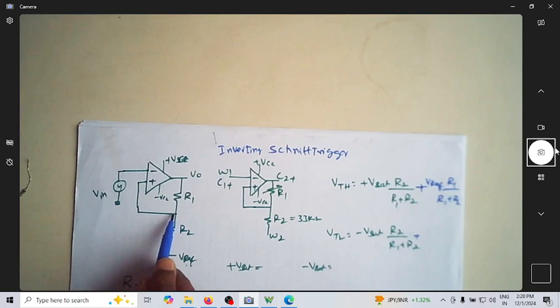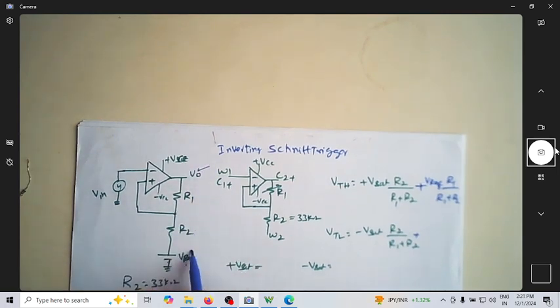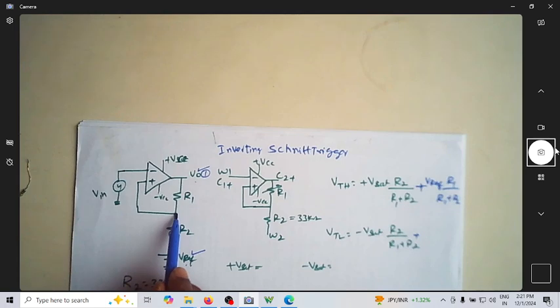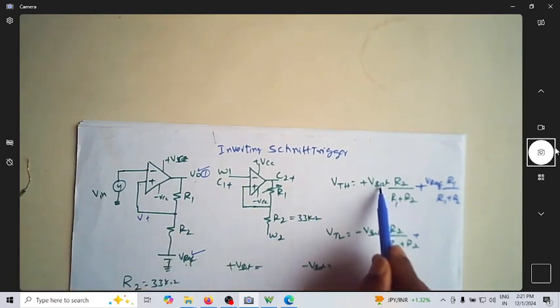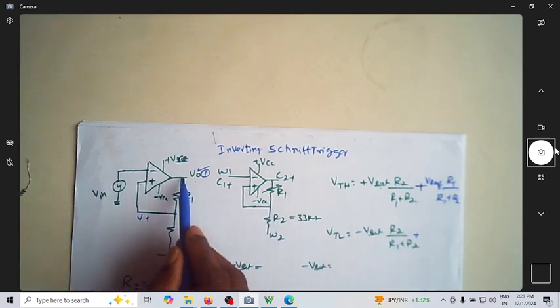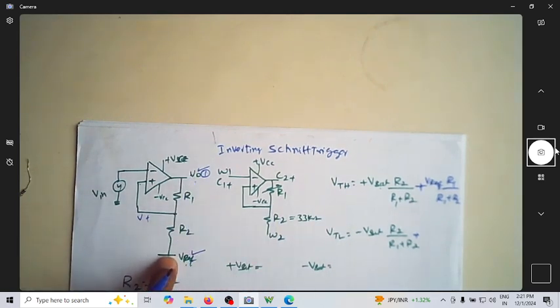So the voltage at this point is now due to two sources. The voltage due to the first source at the non-inverting terminal V plus is V naught multiplied by R2 by R1 plus R2, which is this potential divider, taking this as the voltage source and grounding this. This is what we do in the superposition theorem.